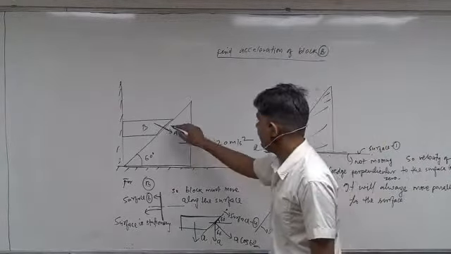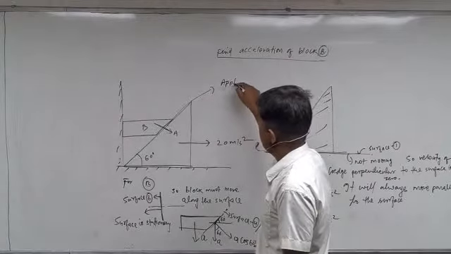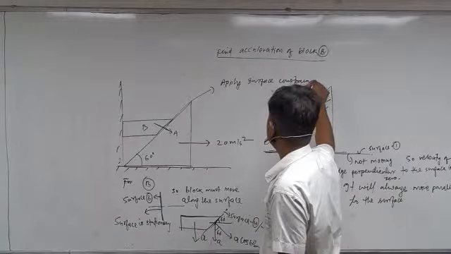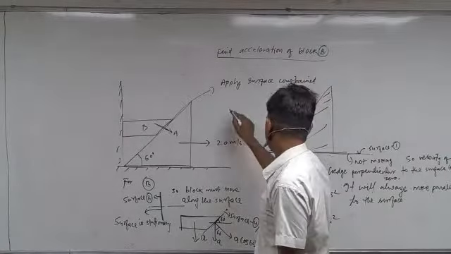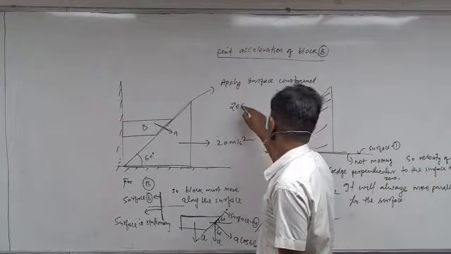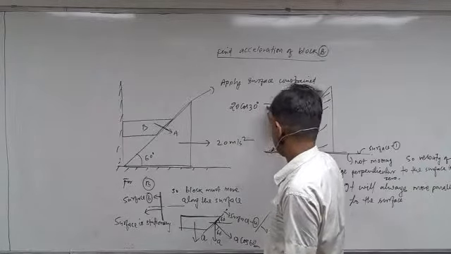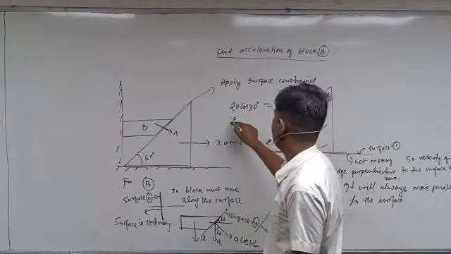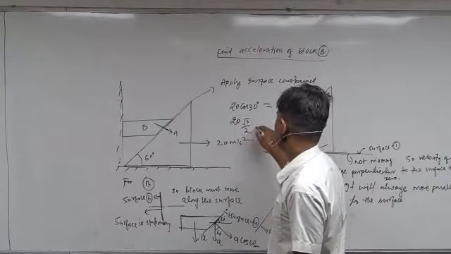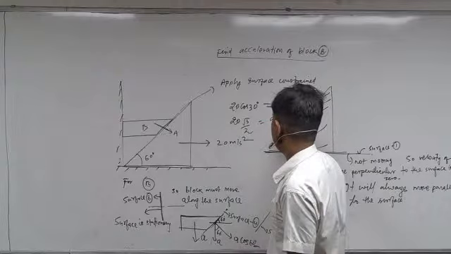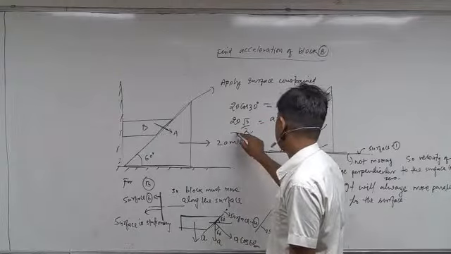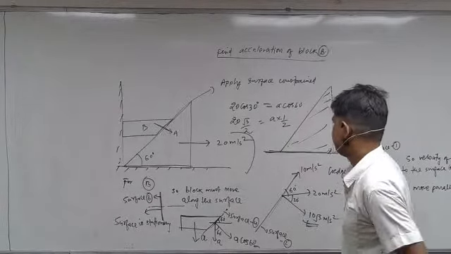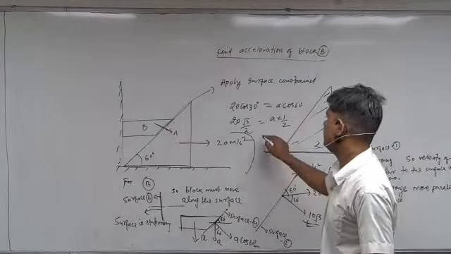So if I apply surface constraint here, what can we write? We can write 20 cos 30 must be equal to A cos 60. That is 20 root 3 by 2 equals A times 1 by 2. And we get the value, and this A will come out to be 20 root 3.